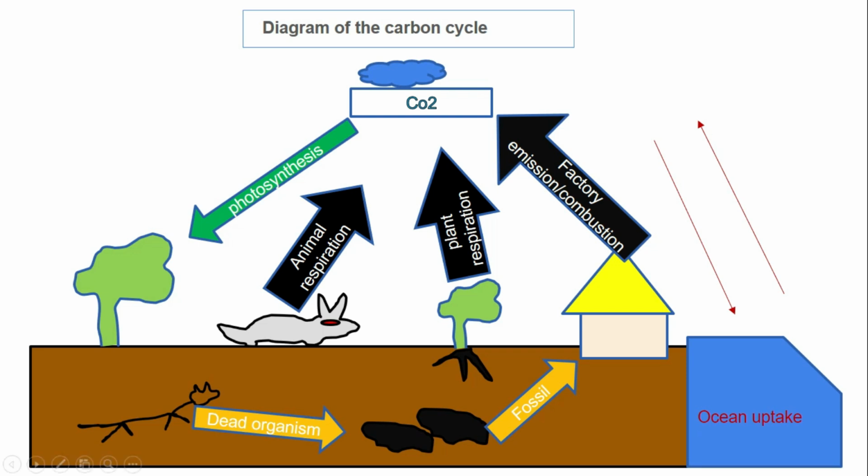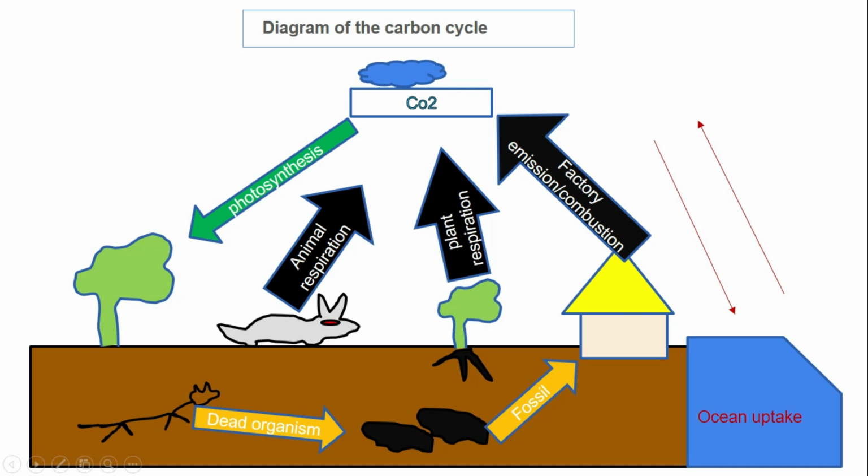All right? Now, when that food is broken down in the cells by the process of respiration, carbon will be exhaled back to the atmosphere. As you know, we breathe in oxygen and we release carbon dioxide. That's for animals.